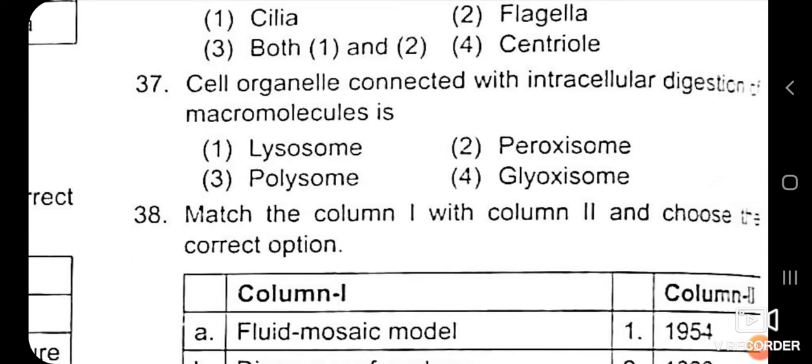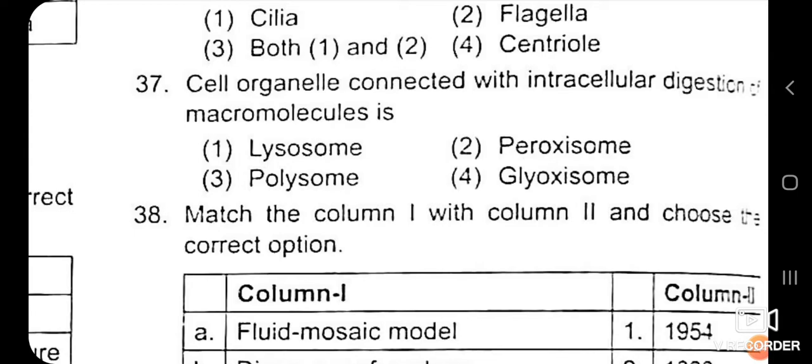Next, the cell organelle connected with intracellular digestion of macromolecules is. See here, students, we have seen that lysosome is a cell organelle full of enzymes, hence involved in intracellular digestion. But polysome, we have seen, is when many ribosomes get attached to the mRNA.